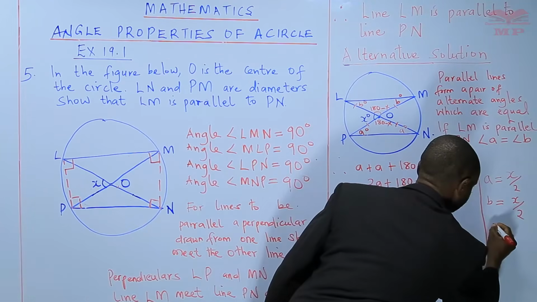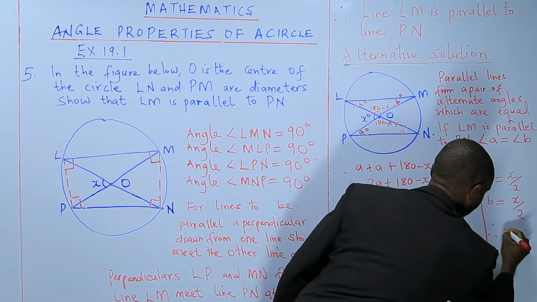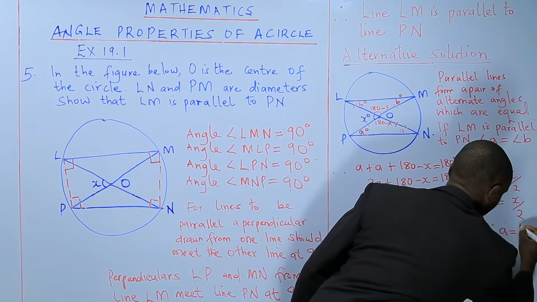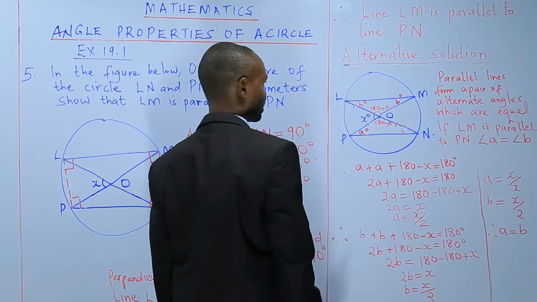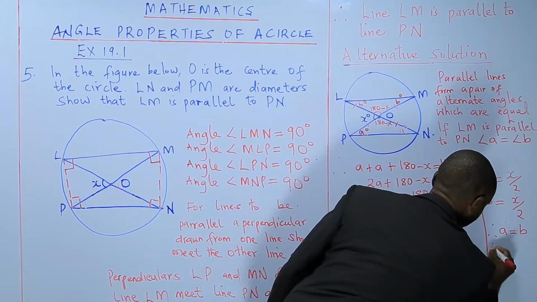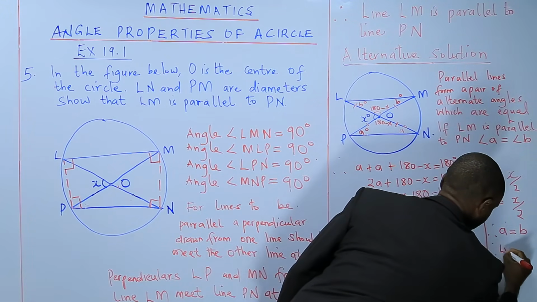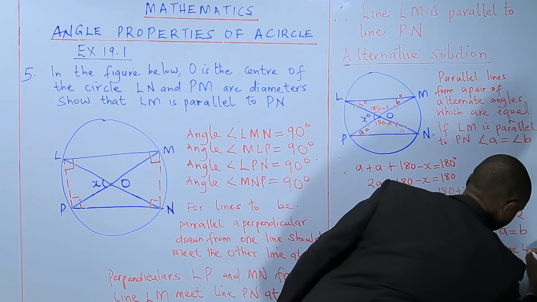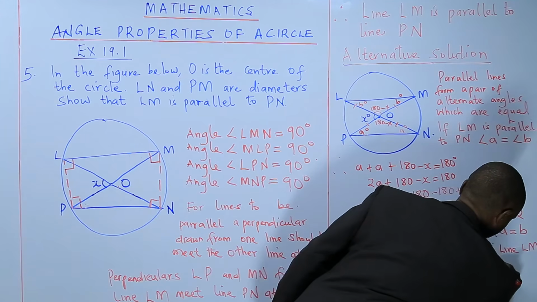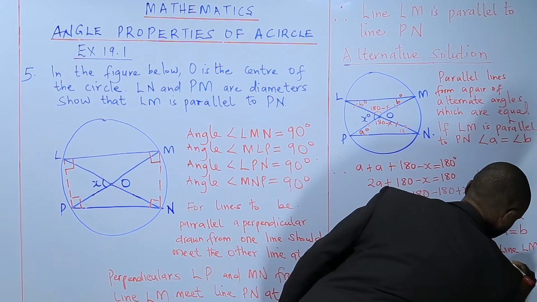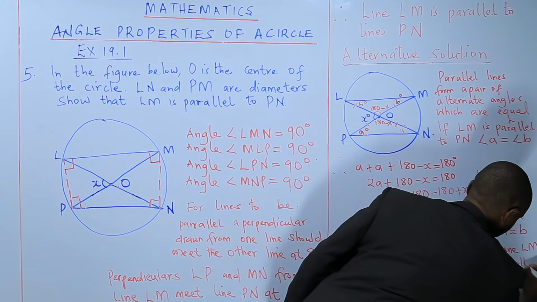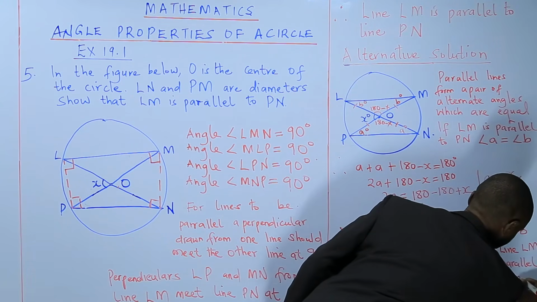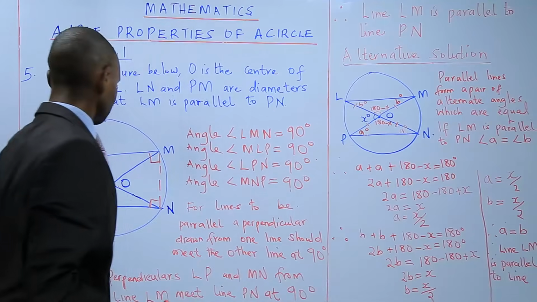Therefore, A is equal to B, and therefore line LM is parallel to line PN.